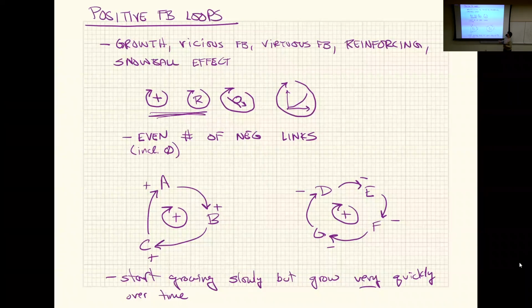So there's good and bad things about these cycles. Nothing grows forever. So these were always going to eventually be limited. So these are far rarer than negative feedback in nature.